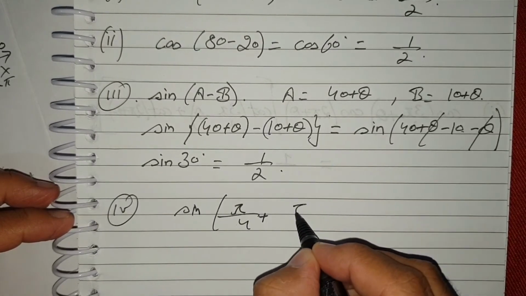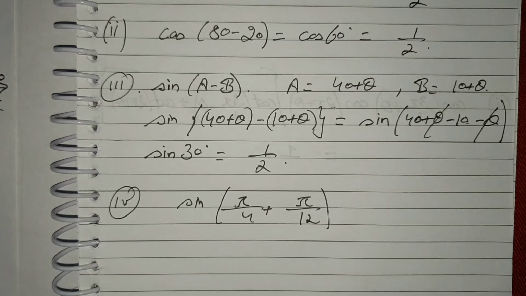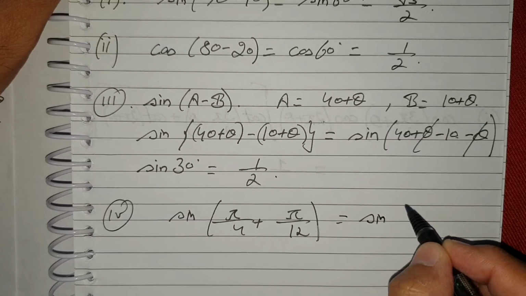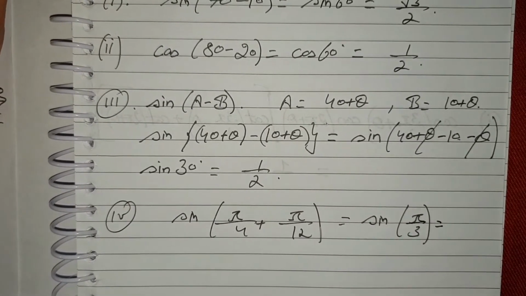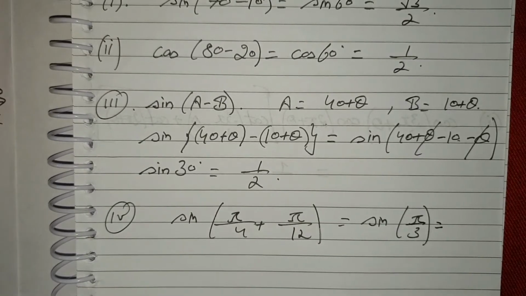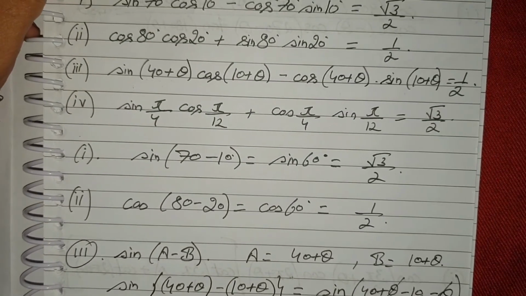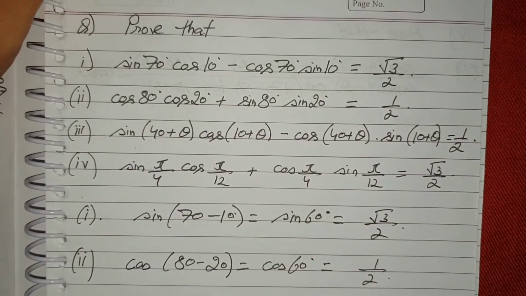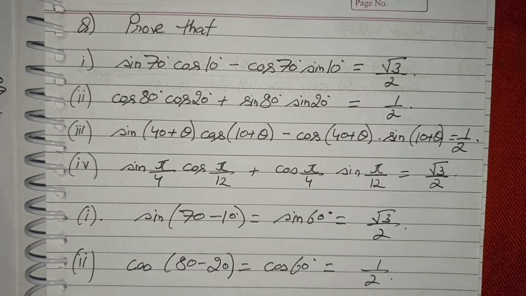If you solve this, you will get sine pi by 3. Now, what is sine pi by 3? It is 180 by 3, which is 60 degree. So sine 60 degree is root 3 by 2. As you can see in these formulas, we just have to recognize which of the formulas is being used.